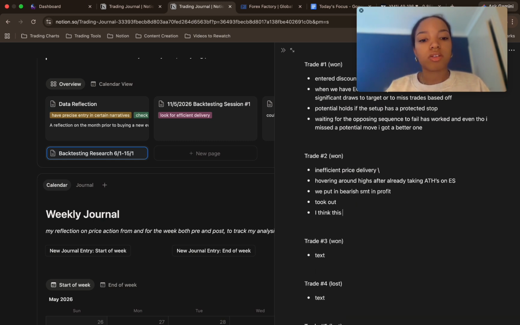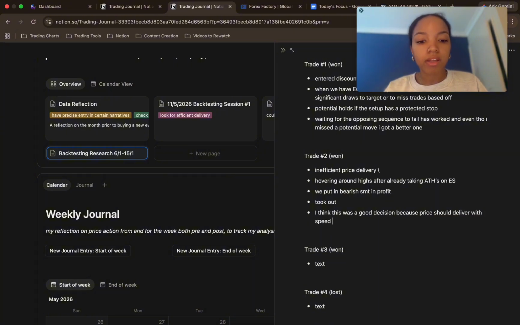I think this was a good decision because price should deliver with speed, not chop at entry. So this is a dead giveaway. Price won't deliver.